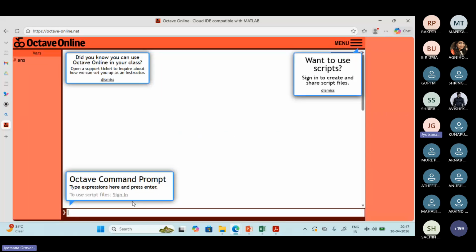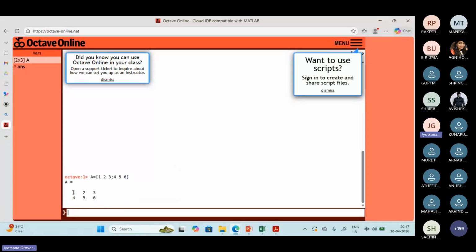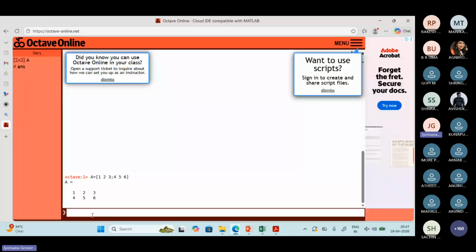Suppose I write A. How do you represent a matrix? 1, 2, 3, semicolon. Semicolon is a way to go to another row. 4, 5, 6. So this is your matrix A. I've just opened Octave online. I want to show you the equality of the matrices. Actually, my tab is not working, so I have to explain.